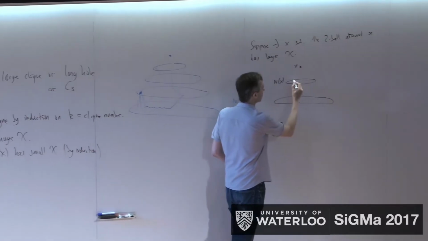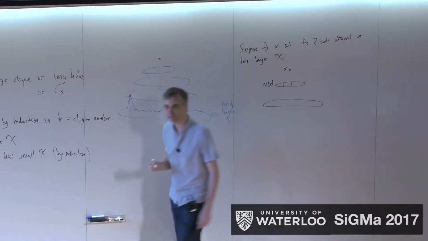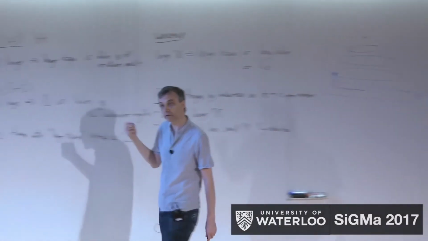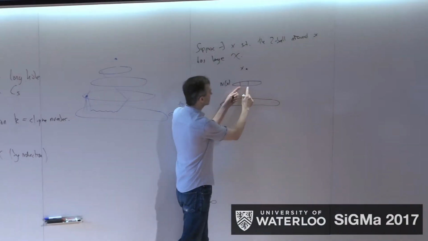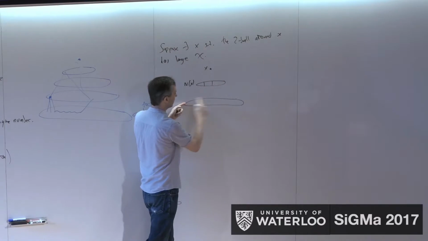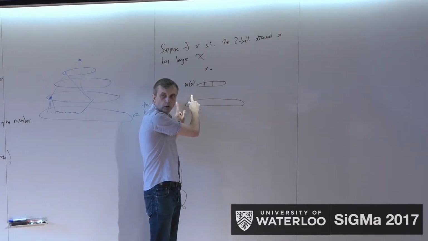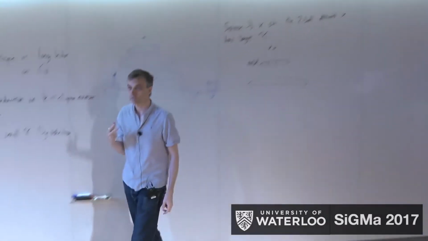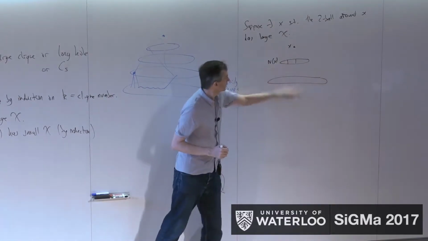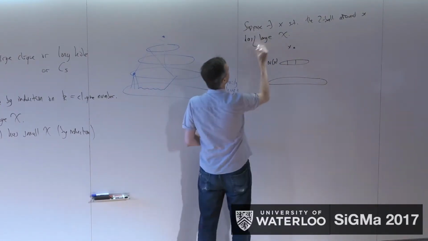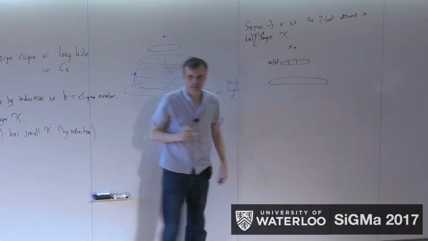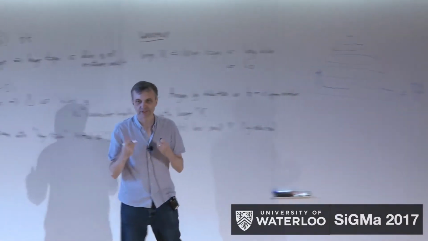Now, the neighborhood of x has small chromatic number by induction, so I can take a coloring. And if I look at each vertex class, each vertex class has a set of children. One of those sets of children must have large chromatic number, because this has small chromatic number, and this whole thing, we're assuming, has very large.